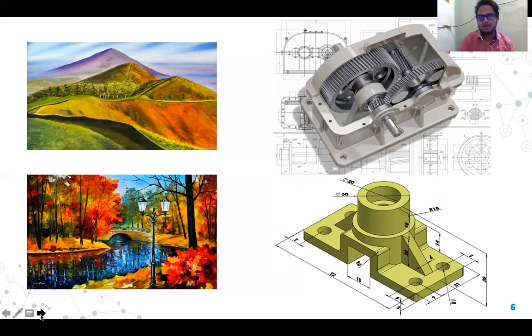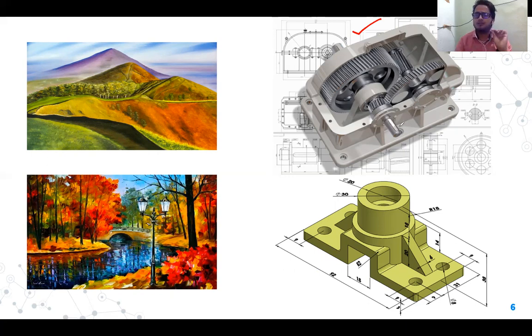While on the right hand side, you can see that there is a gearbox. In the foreground you have the 3D image of that gearbox. In the background, you can see the 2D diagram of that entire component. In this also there are so many components. There will be gears, bearings, shaft, the housing, everything.